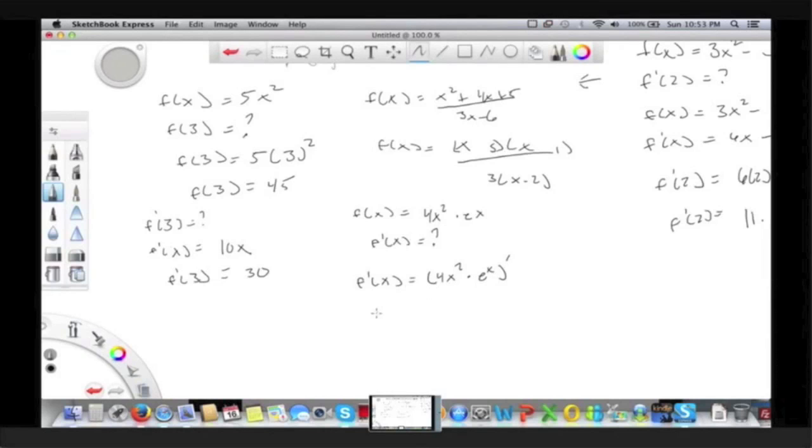Good, that's a good notation. Basically, you've just kind of recopied the problem, but that's a good place to start. So, do that.